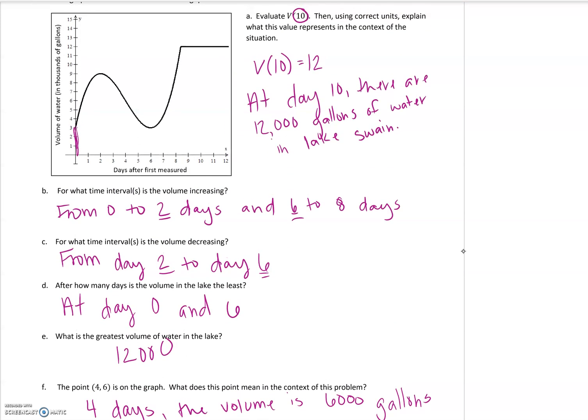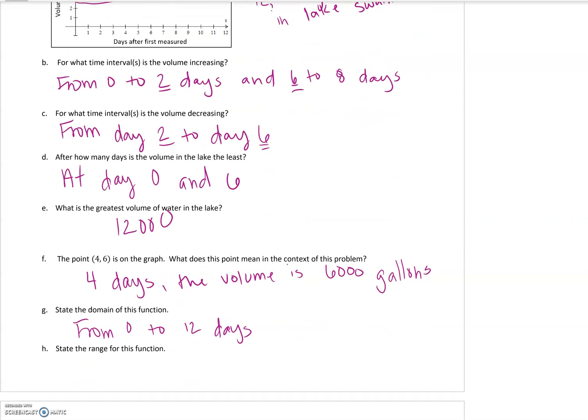They're looking at their y values there. The lowest y value that ever occurs on this graph is at 3, and the highest y value is at 12. And remember, it's in thousands, so you would say from 3,000 to 12,000 gallons.